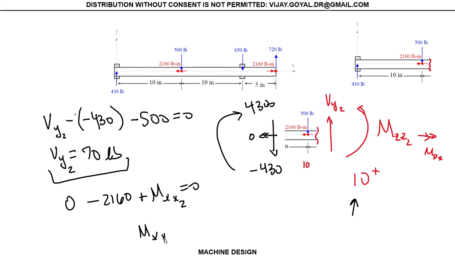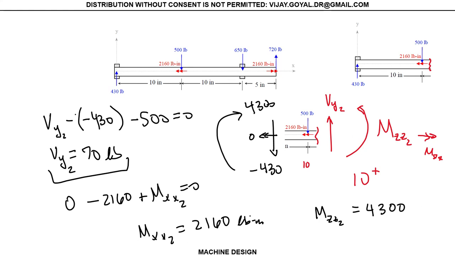So Mxx2 will be 2,160 pound inches. Remember, this is positive. So we found that as well. To find your Mzz, Mzz at 2 will be nothing else than 4,300, and you can show that to yourself. Okay, so now we found these values.